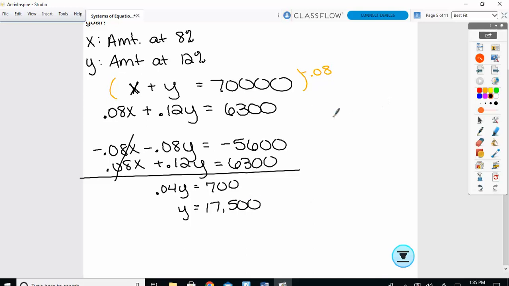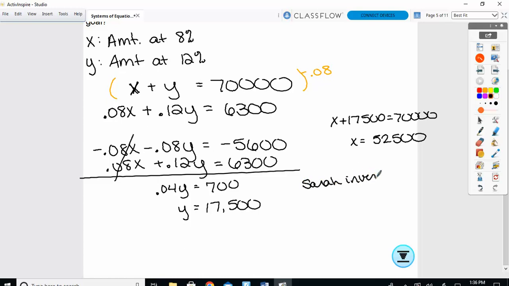Then we need to get X, so you can plug that back in. So I'll just put it in the first one. And then since it's a word problem, we should answer in a sentence.